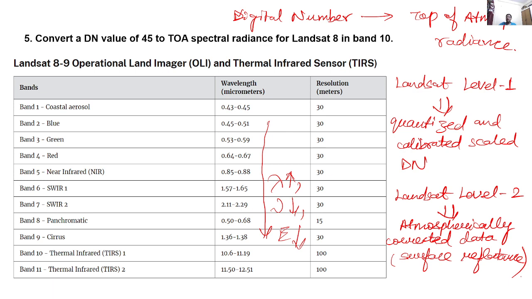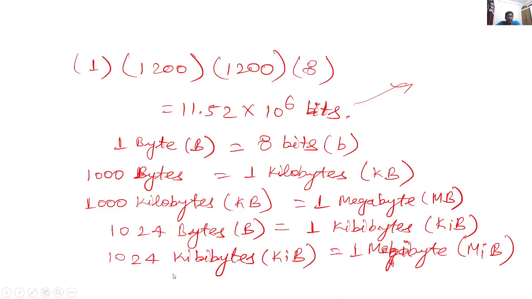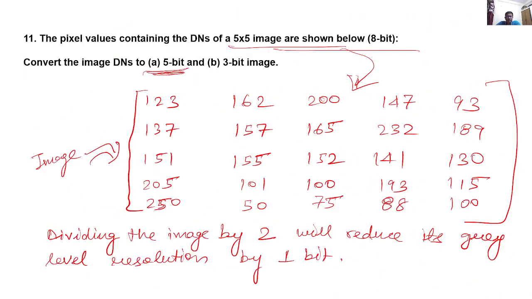So as we are moving into longer wavelength ranges, the energies decline. So we need to have a greater amount of area to detect a considerable amount of energy, and that is why you can see that the spatial resolution has changed from 30 to 100 meters as we move into higher wavelength ranges. So that's one of the reasons behind it. So we are done with this part also.